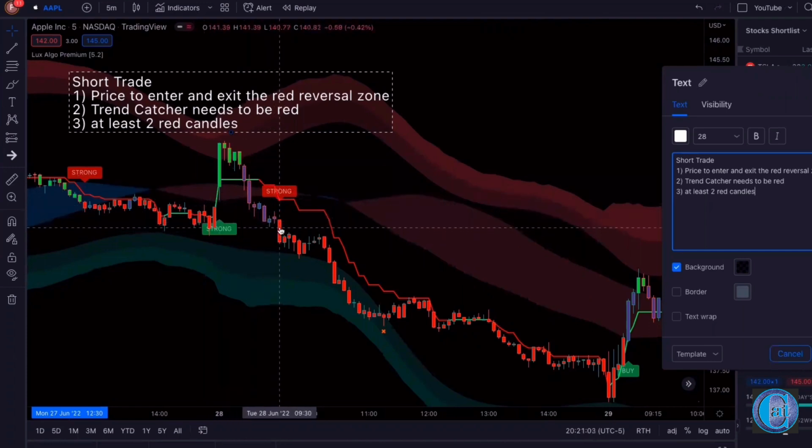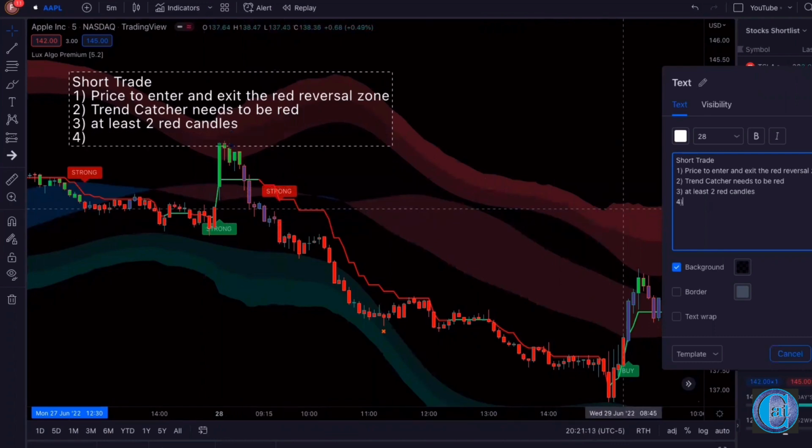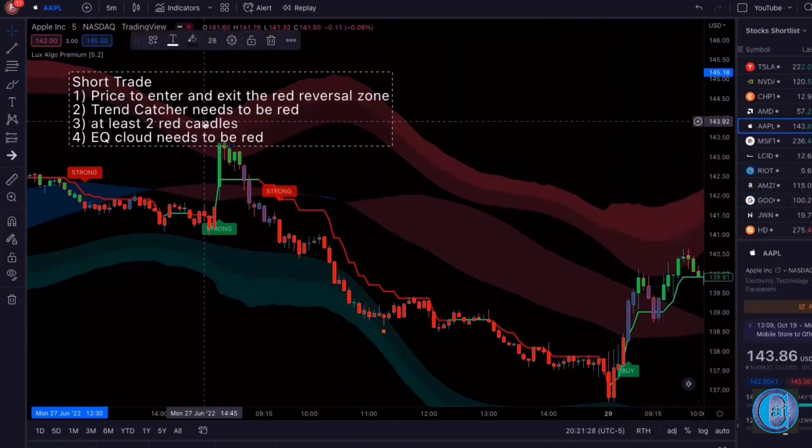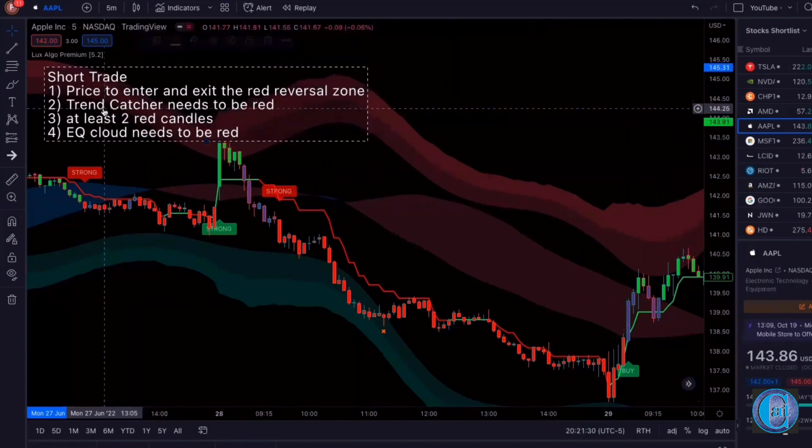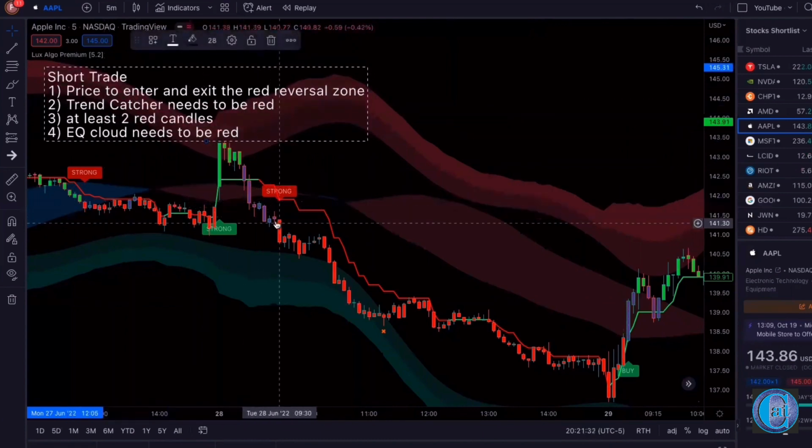It starts off red right here, right? Even though the price action is coming down and the trend catcher is red, this is where you get your first red candle. And then the last rule is the EQ cloud needs to be red. Okay. You've got all of that stuff lining up over here.